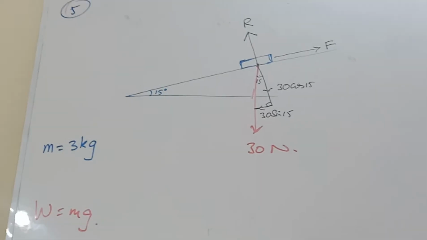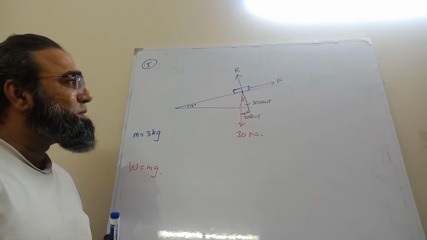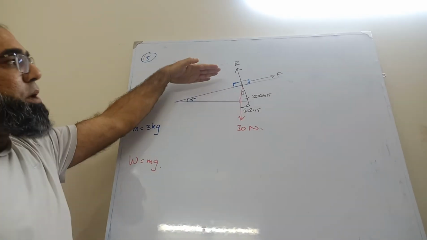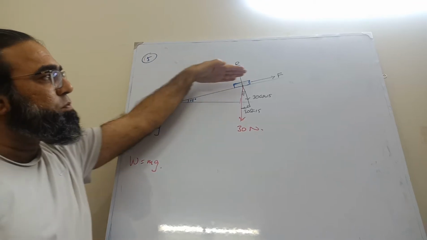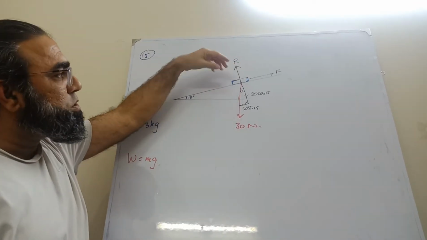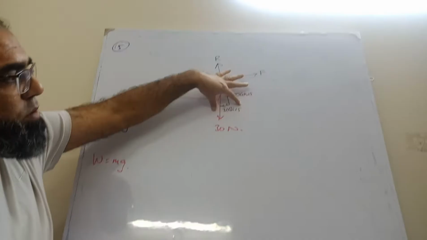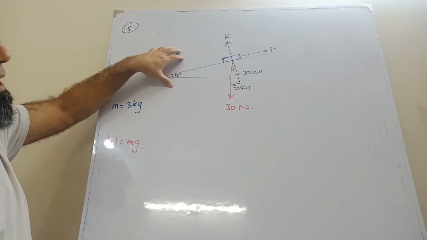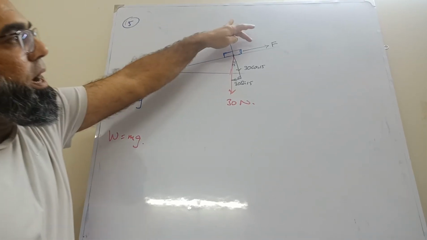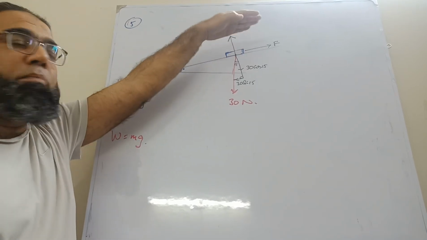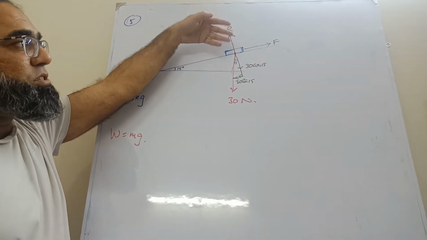Now this book is prevented from slipping down the plane. So we have to see what are the forces parallel to this inclined plane. This component of weight wants the book to go down this inclined plane, but this is prevented by this upward frictional force. The frictional force, remember, is always opposite to the direction of the motion.